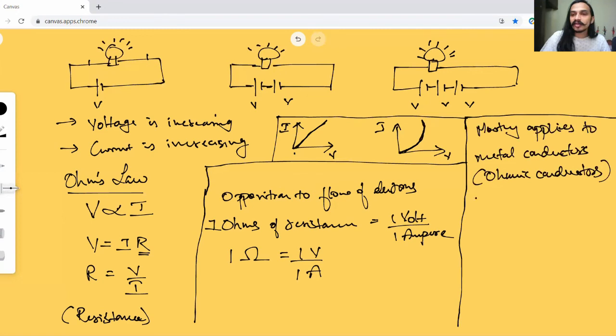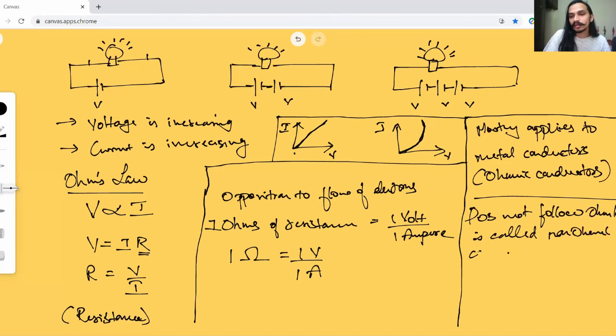And anything that does not follow Ohm's law is called a non-ohmic conductor. One very good example of a non-ohmic conductor is, do you know what LED lights are?